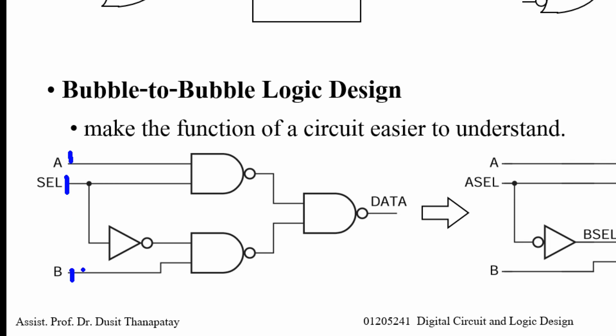For the simple analysis method, we consider 1 here, and the SEL select signal is 1, so the output is 0 here, because this is an inverter. 1 and 1 is 1, then inverted with 0 here. 1 and 0 is 0, inverted becomes 1 here.